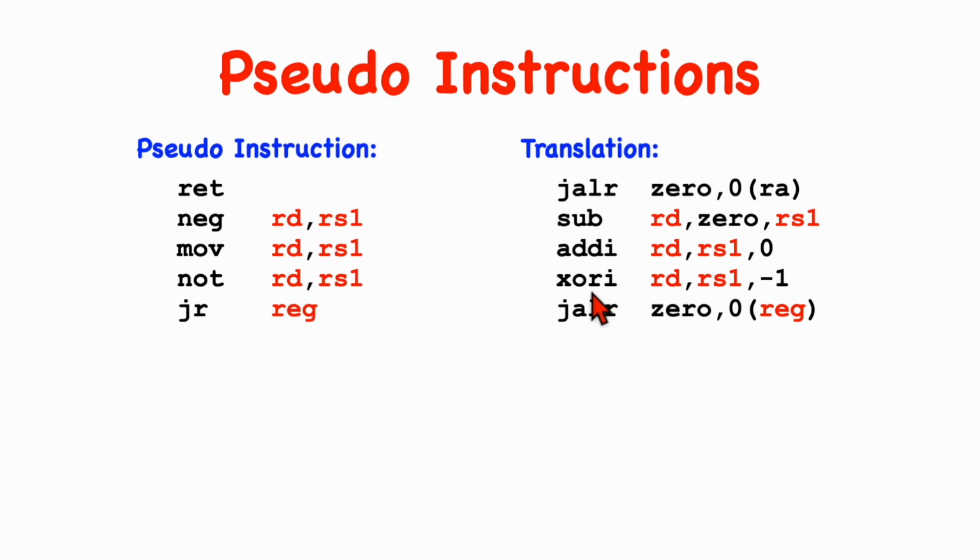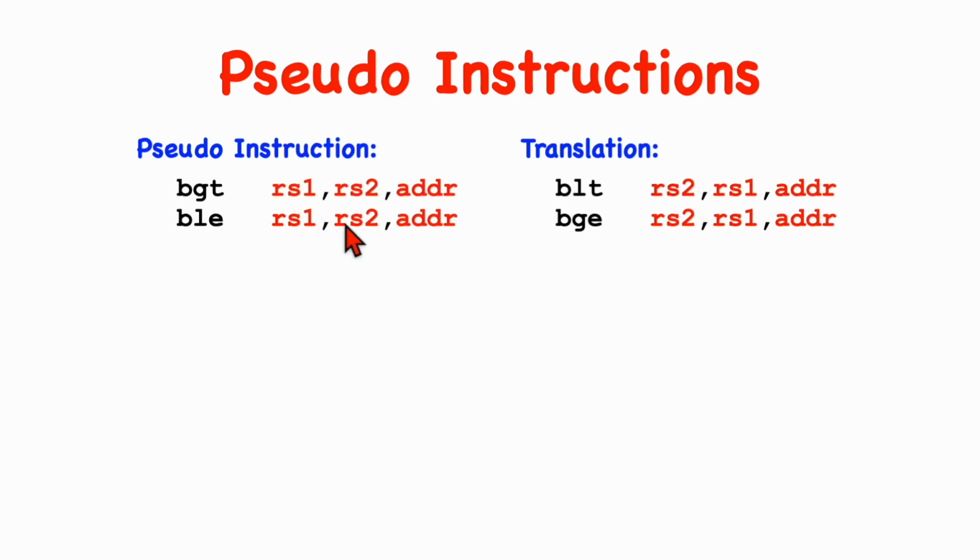And we do that by exclusive ORing the value in the source register, RS1, with a word of all 1 bits. And then we've got an indirect jump, the jump register. And here the target address is something that has been computed and placed into some register. And again, we use the jump and link register instruction for that.